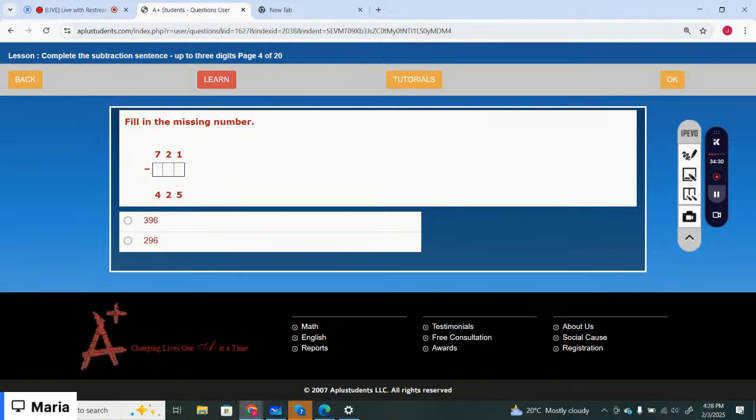Fill in the missing number. So which number is missing? That is 296. Option number 2 is the correct option.